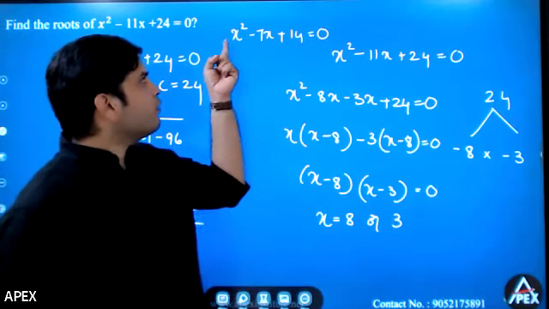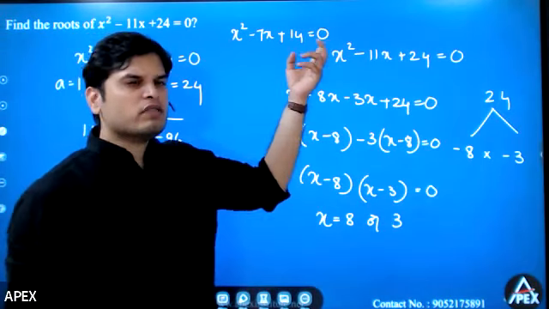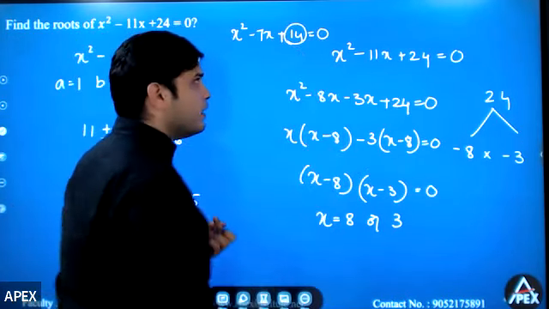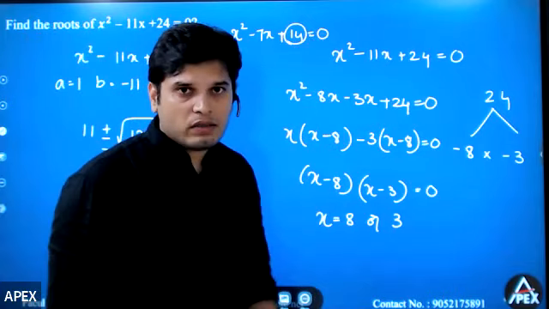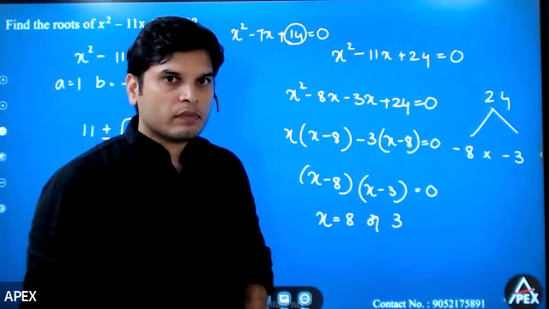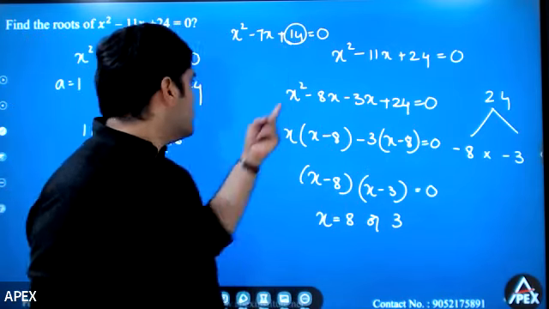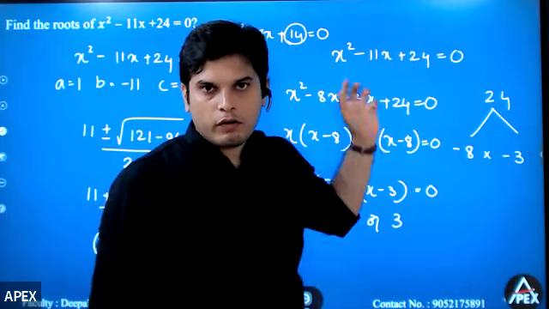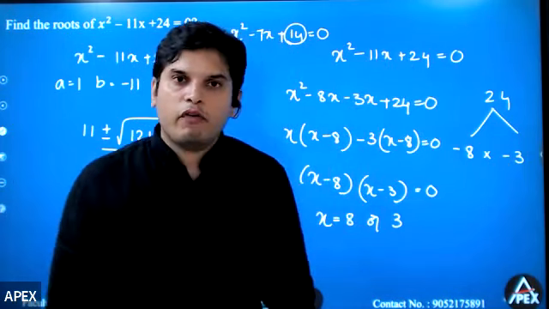Now you will have values of x for this equation which need not be integers. So you cannot express 14 as a product of two numbers which add up to minus 7, isn't it? So in these types of equations, it will be better to use the formula method, and whenever you can write the product of a and c as a product of two numbers which add up to the linear coefficient, it's always better to use the factorization method. Clear?